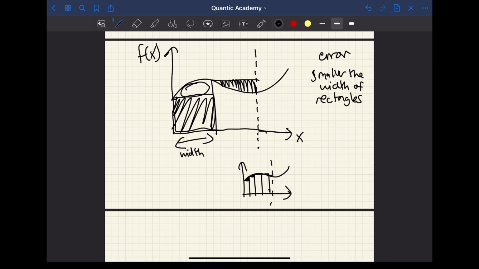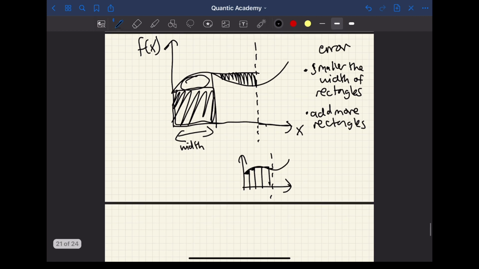So that means we want small rectangles. So how do we make the width smaller? Well, we can add more rectangles. Because if we add more rectangles in the same length, it's the same space, right? So if we add more rectangles, then the width of each one will be smaller.